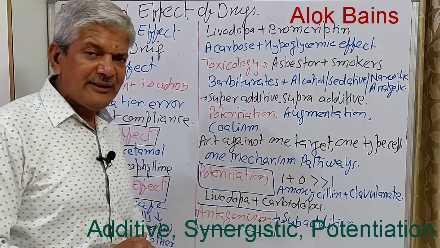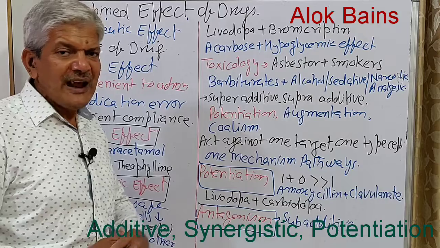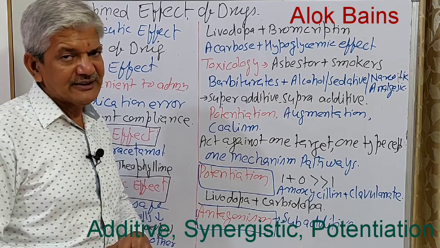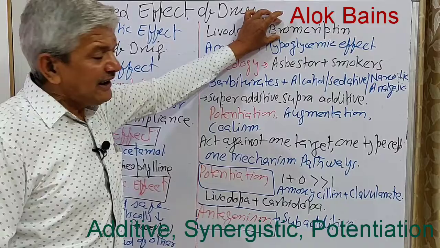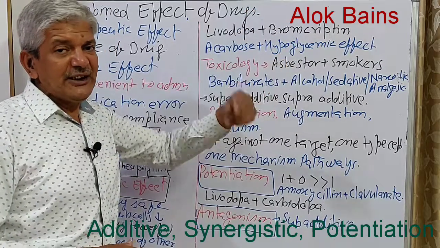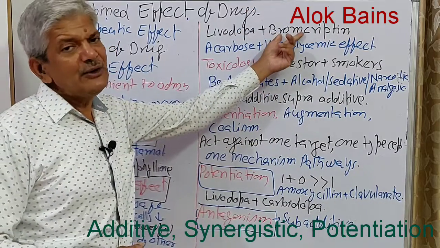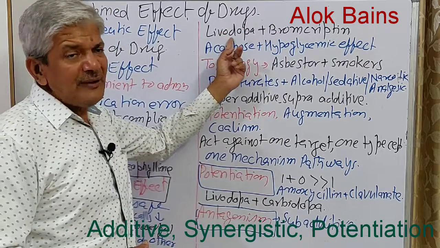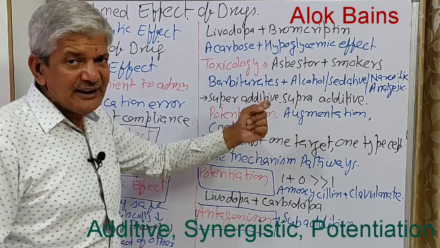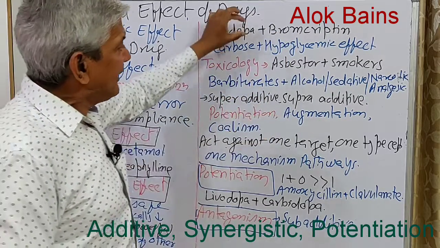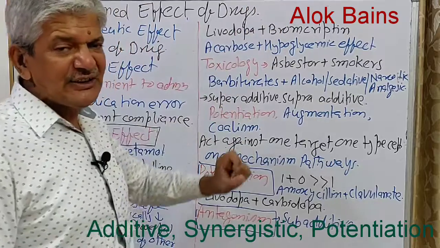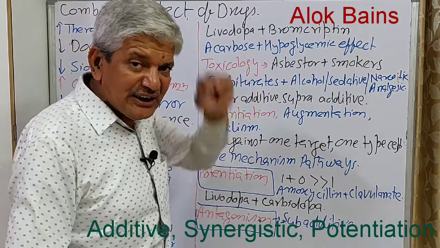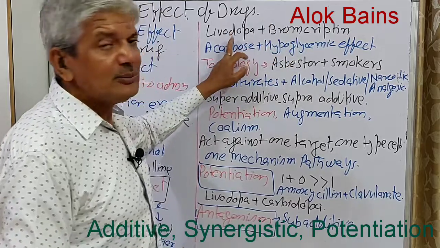This bromocriptine is a weak drug and it also stimulates the dopaminergic receptors, but individually it cannot produce the therapeutic effect because it is a weak drug. If it is used with levodopa, both stimulate dopaminergic receptors, and the combination will increase the therapeutic effect of these drugs and decrease the dose of both drugs.